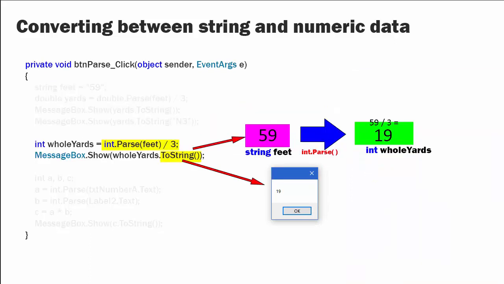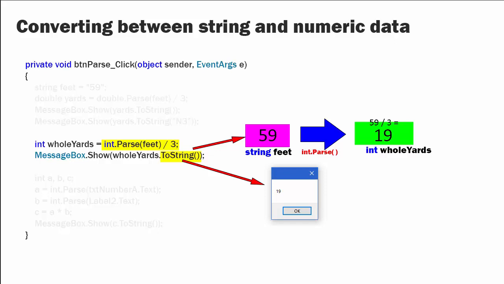A second operation in our button code is I want to do the same thing but converting to an integer rather than double. So I have a variable I'm creating called whole yards, which is an integer value, and I want to take that value of feet, convert it to an integer, and divide by 3.